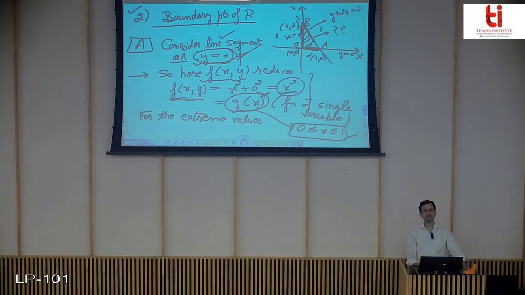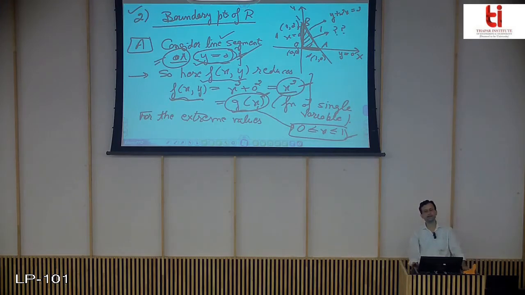So about the line OA lying in the xy plane, the surface above that line will appear like a curve, y equals x squared. This function f(x,y), whose maximum and minimum we are finding over that triangular region, reduces along OA to a single-variable curve.